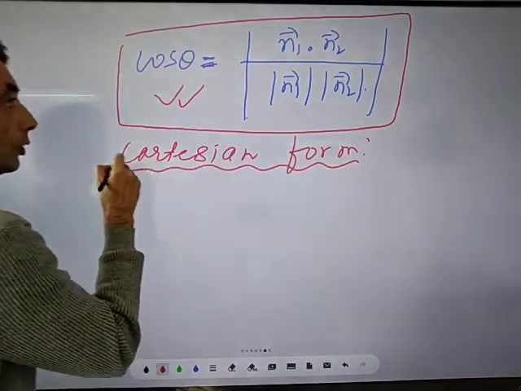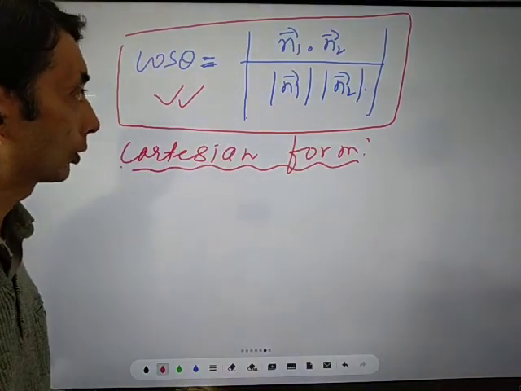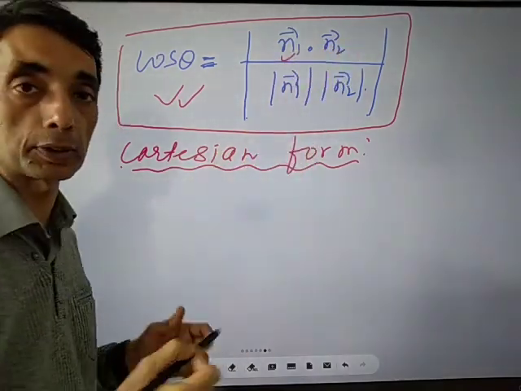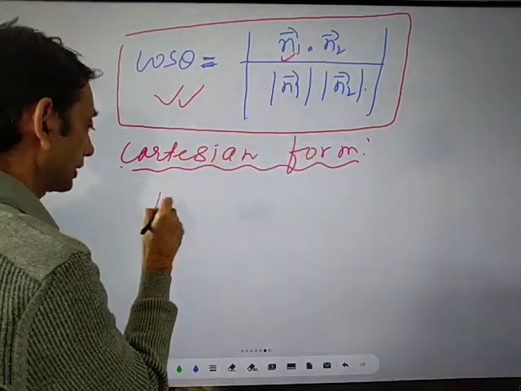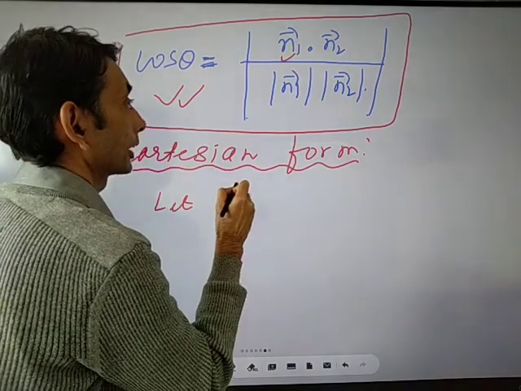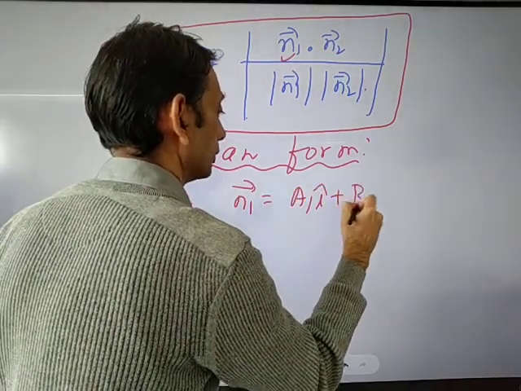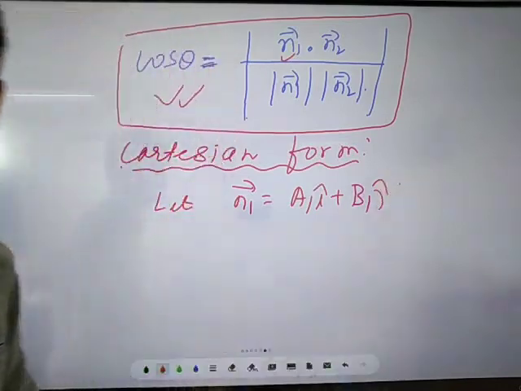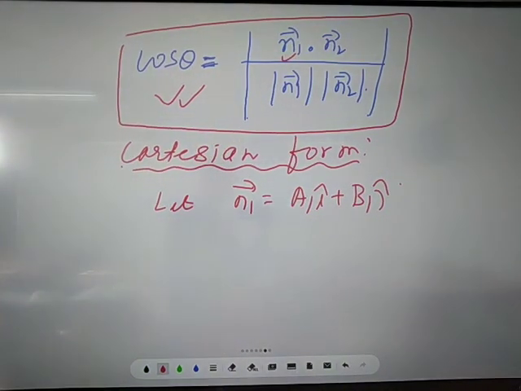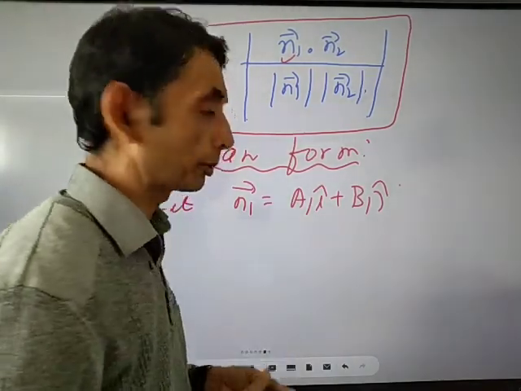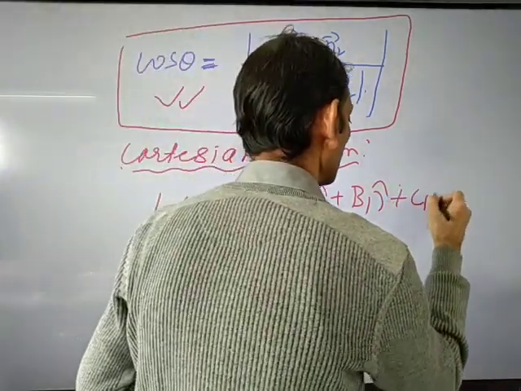Cartesian form. First, we'll express n1 and n2 in terms of direction ratios. Let vector n1 be a1 i cap, b1 j cap, and c1 k cap.